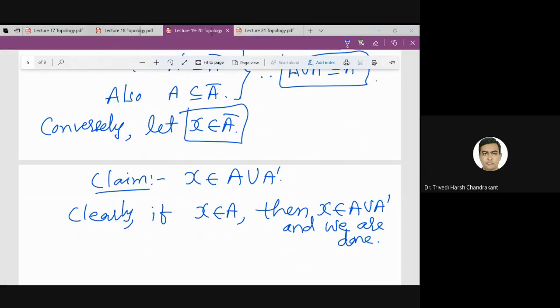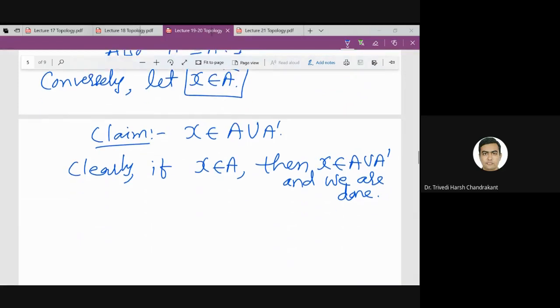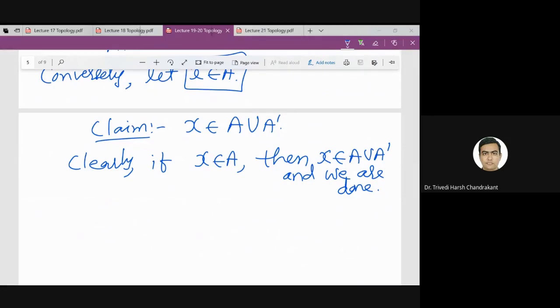If X is in A, we are done. On the other hand, suppose X is not in A, because for every set A there are only two possibilities: either X belongs to that set or X does not belong to that set.